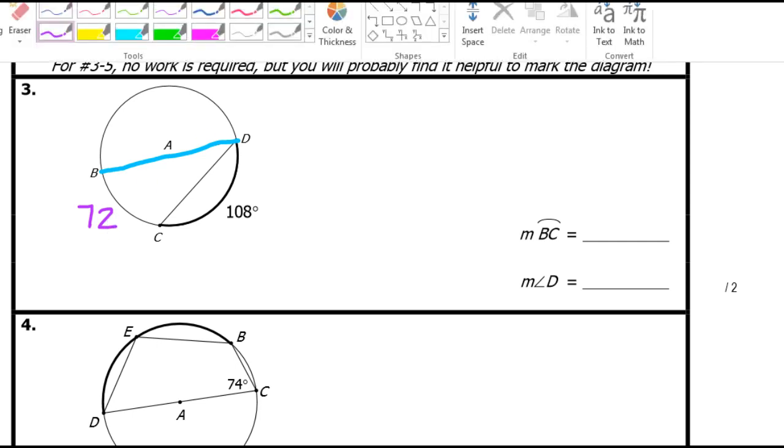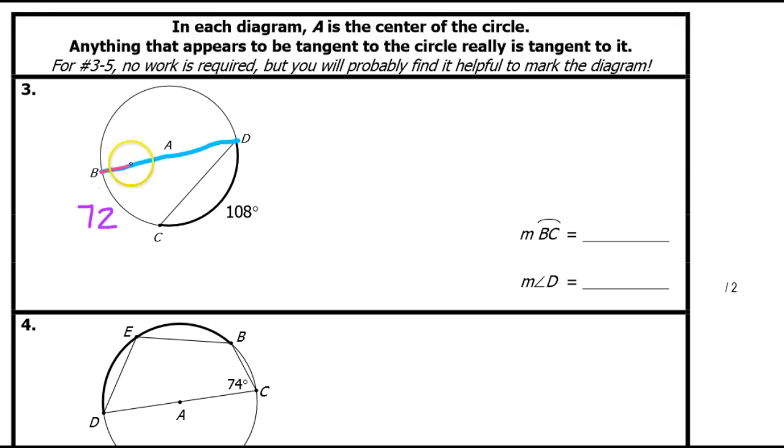And then, like I said, I've got this inscribed angle, which has to be half of that. So if I take 72 divided by 2, that's going to be 36. All right, let's see what we've got. So the measure of arc BC is 72 degrees, and the measure of angle D is 36 degrees.